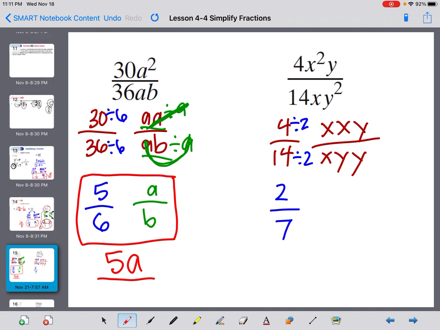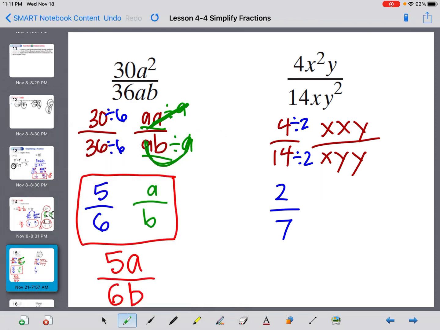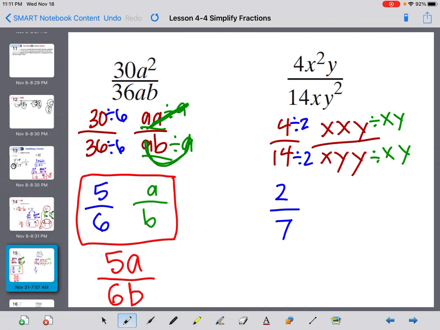Smush it back together. Be careful on this bottom part. I'm noticing on my own writing, the 6 and the b look very similar to each other. So I'm going to be a little bit more cautious on my answer to try and make the 6 and the b look different. Hopping over here to the right, what do xxy and xyy have in common? 1x, 1y.